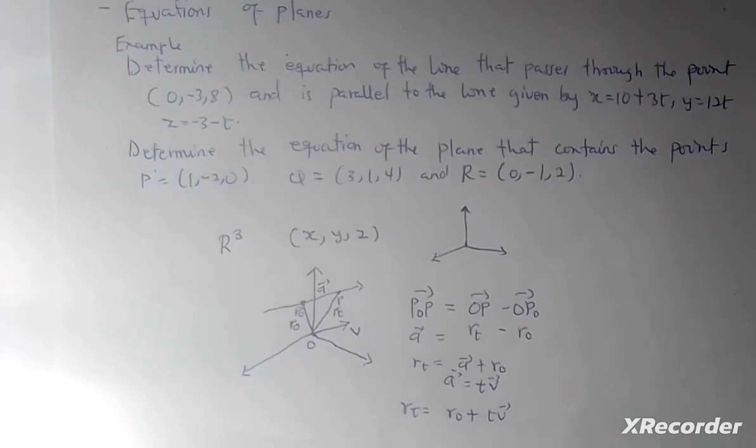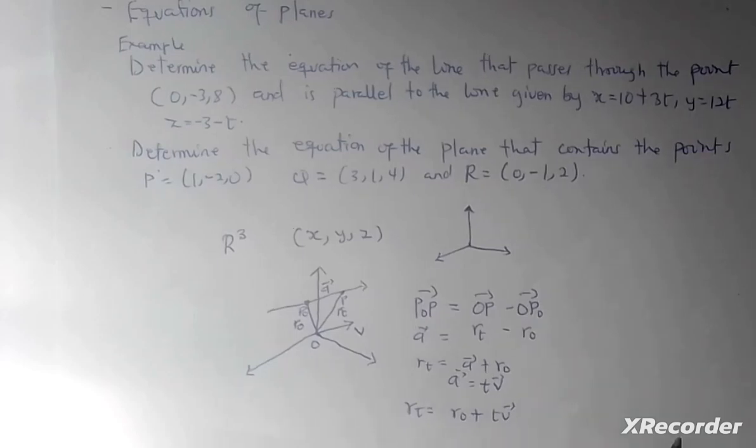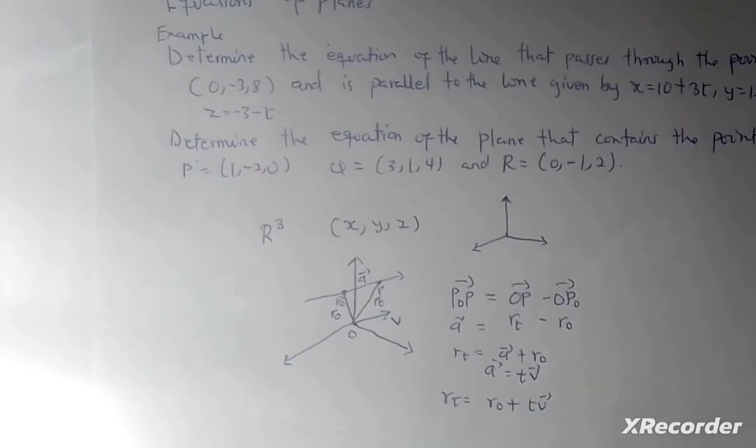Once we get this, we can get the parametric equations as well as the symmetric equations of the line. Let's see the parametric. Now this R(t), as I said, is any arbitrary point whose value we don't know.